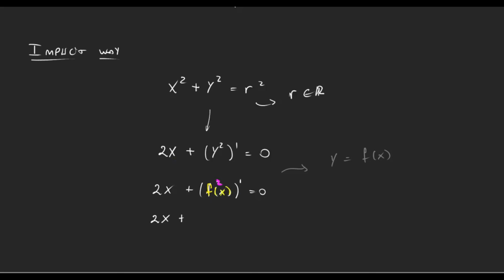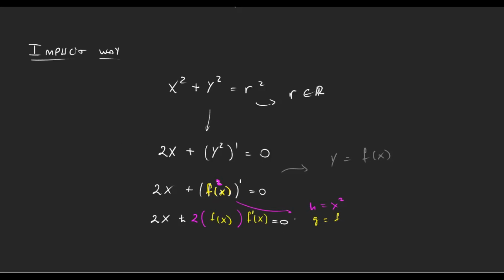So this is 2x plus, we have two functions, call it h equal to x squared, and g, that's going to be f. So then the derivative of h is 2 times g evaluated in f of x, and then times the derivative of g, which is going to be the derivative of f.